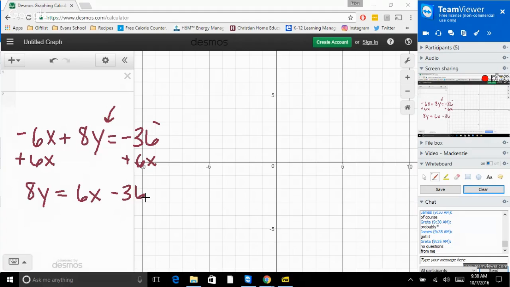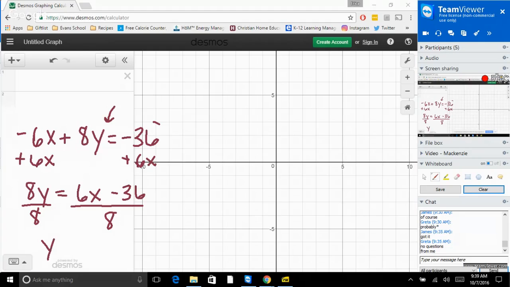So how do we get y by itself? We need to get rid of the 8. Two ways that you can do it. One is you could divide both sides by 8. The other is that you could multiply both sides by the reciprocal of 8, which is 1 over 8. And they're going to end up doing the same thing. So I'm going to go ahead and divide both sides by 8.